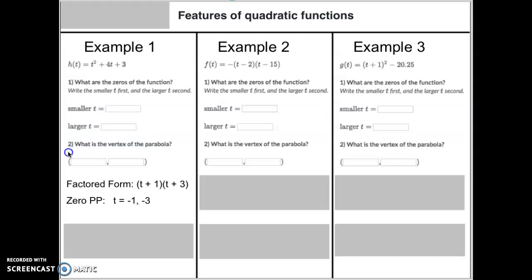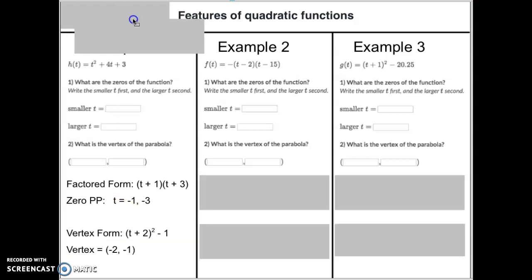Then, to get this into vertex form, so the vertex of the parabola, remember vertex form is where we take this number, we shift it off to the side. We just did this yesterday. And then you just simply find the perfect square of this. All right, our vertex form here is going to be t plus 2, which is half of this.